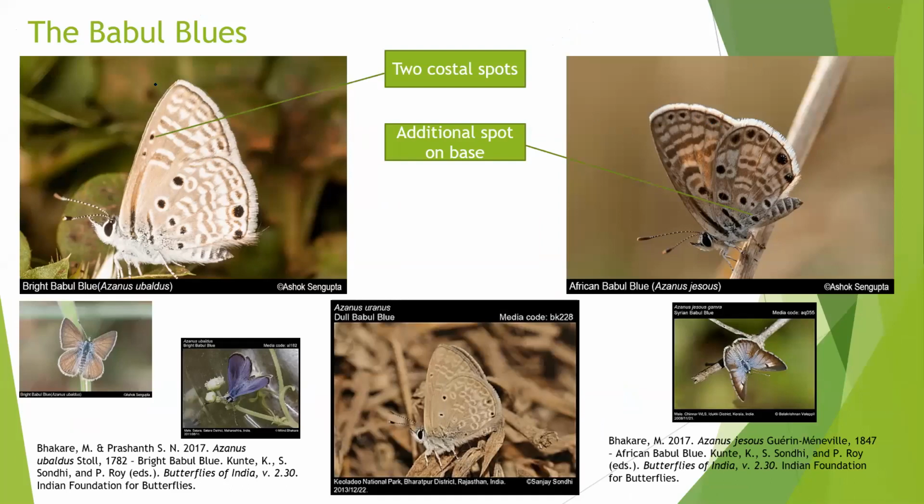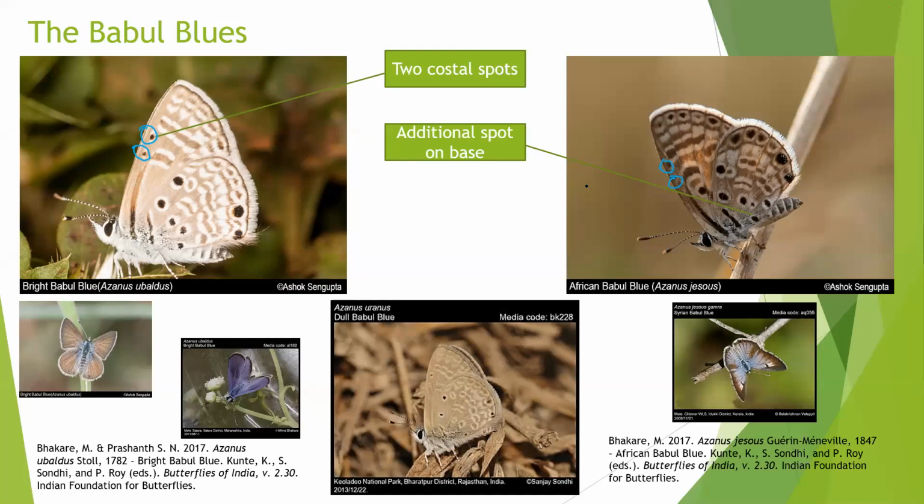The distinguishing feature of these Babul Blues, especially the bright Babul Blue, is that we have 2 coastal spots in the case of the bright Babul Blue, and in the case of the African Babul Blue, these 2 spots are inconspicuous. Sometimes they are not visible and you will not be able to see them.